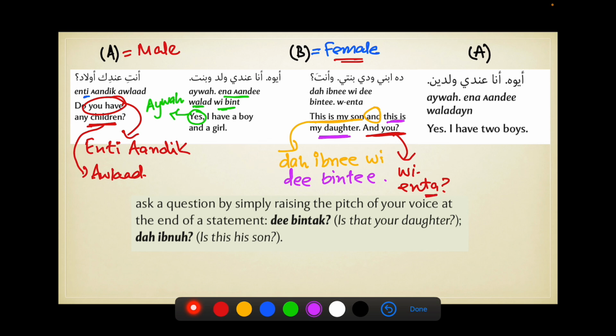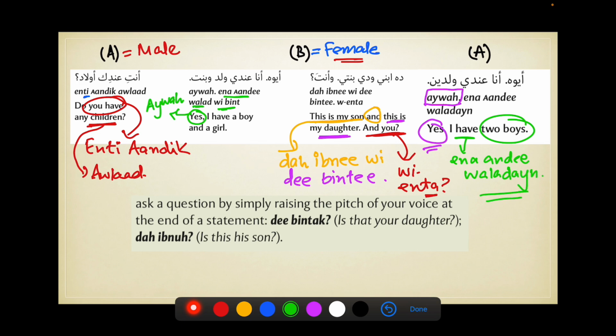And now A is replying back with aywa, which means, yes, I have two boys. I have will be ana andi. And for two boys, we will write waladeen. So A is saying anti andik awlad, which means, do you have children?